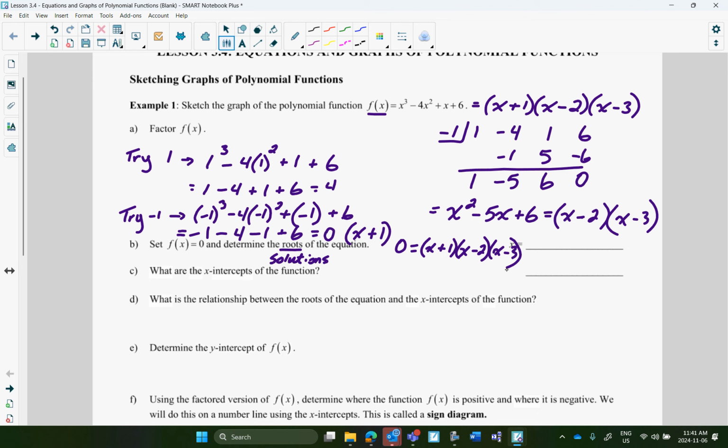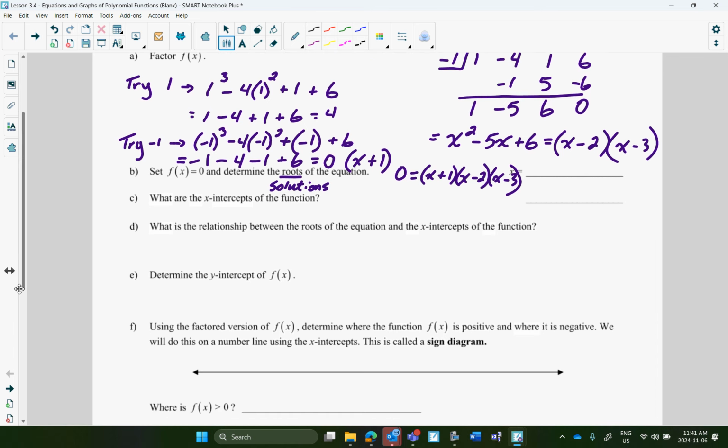It looks similar to a quadratic equation that we solved last year, but it's got 3 factors. Well, if any one of these works out to 0, it doesn't matter what the others are, this whole thing works out to 0, right? Which means it would be a solution.